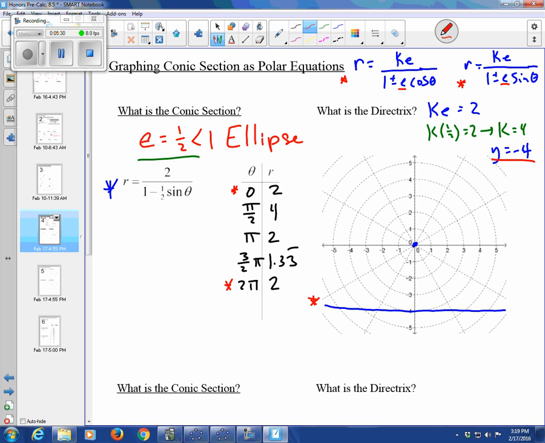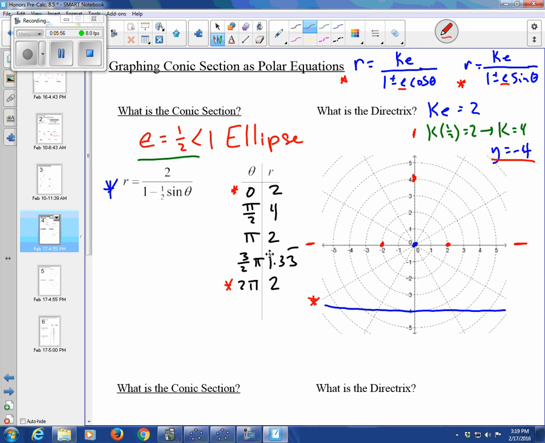All right, so let's go ahead and plot these points. So right here, starting at a rotation of 0, we've got an r value of positive 2, so we'll go out 2 in that direction. Now at a rotation of pi over 2, we've got an r value of 4, so we'll go 4 in the direction of pi over 2. For a rotation of pi, we've got an r value of 2, so we'll go out 2 in the direction of pi.